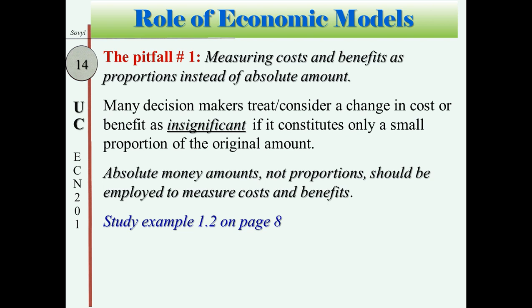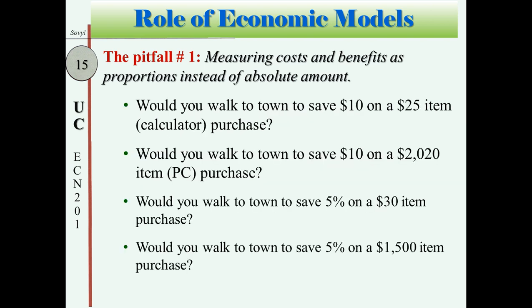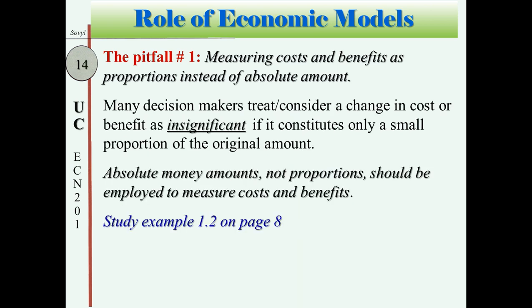Many decision makers treat or consider a change in cost or benefit as insignificant if it constitutes only a small proportion of the original amount. What does it mean? I have an example for you.